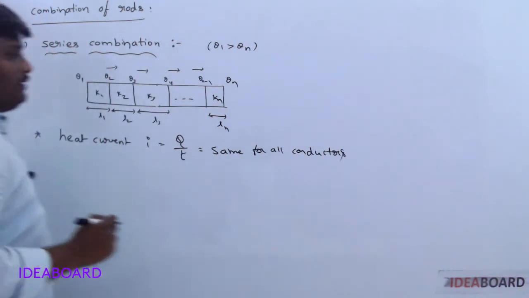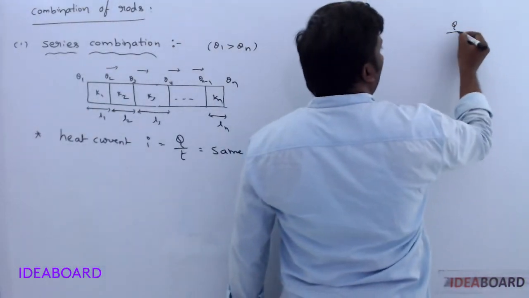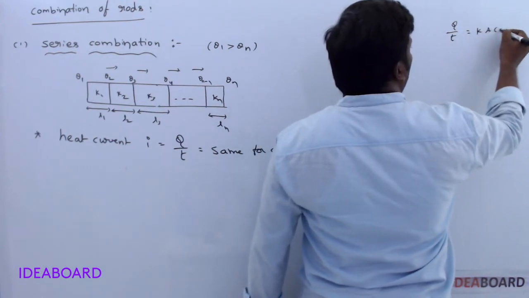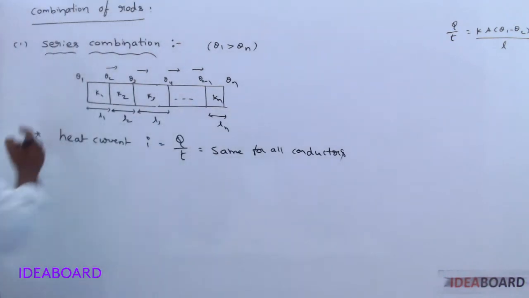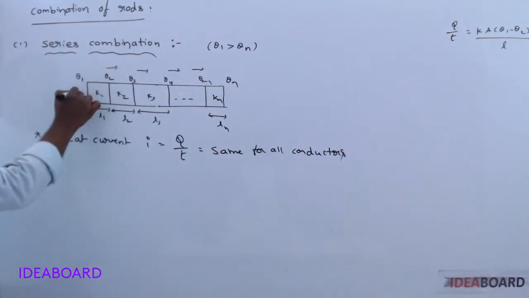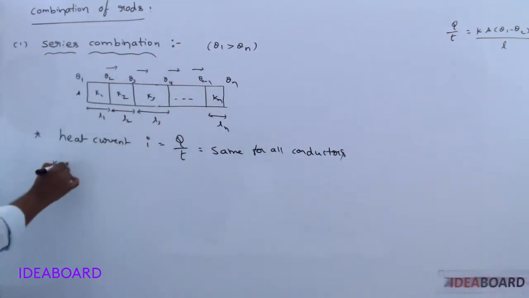So what is the formula for Q by T? Now only we got the Q by T formula. Q by T is equal to KA theta 1 minus theta 2 by L. So for the first rod K1, area of cross section of all the rods is the same, that's A only.